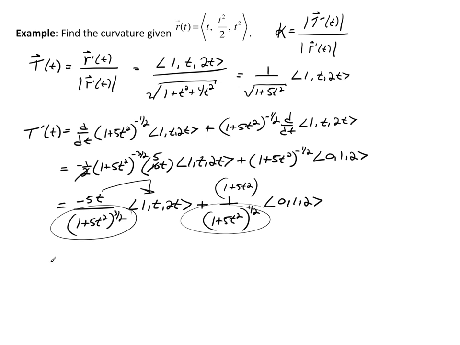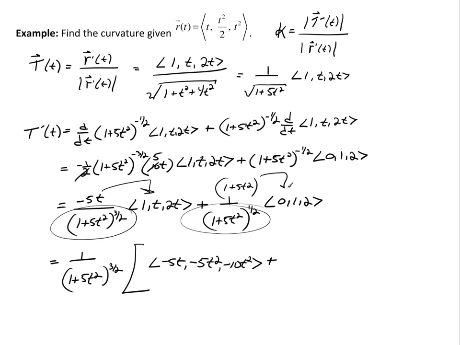So when I do that, I'm going to say this is equal to 1 over (1 plus 5t squared) to the 3/2 times, when I distribute this, the vector negative 5t, negative 5t squared, and negative 10t squared, plus the vector, let's see what I have here, that's multiplying by 0, that was silly, this is just 0.